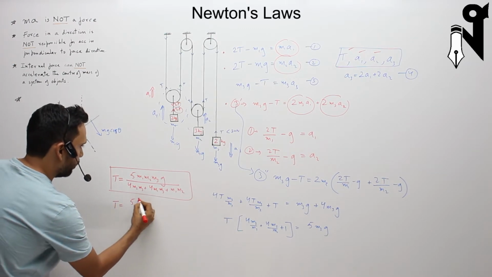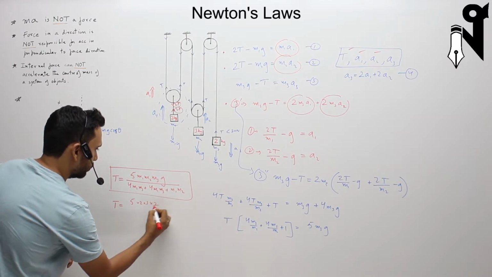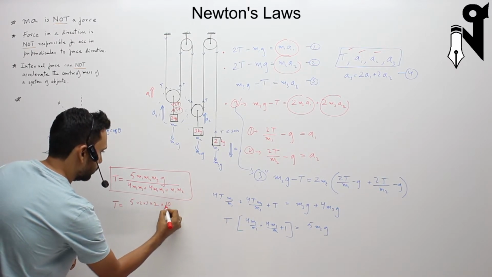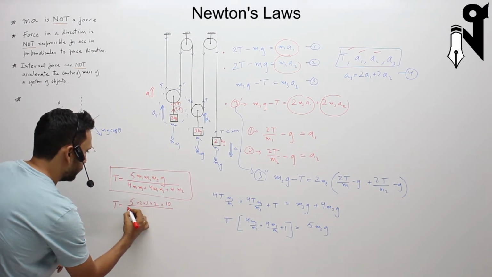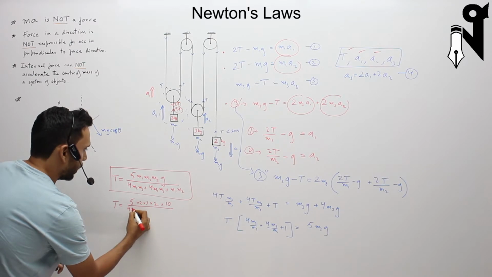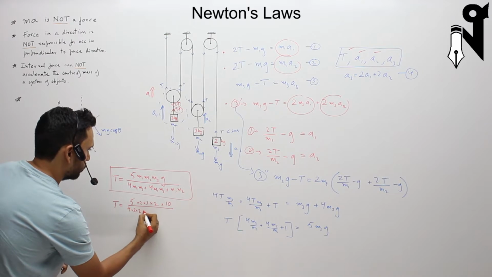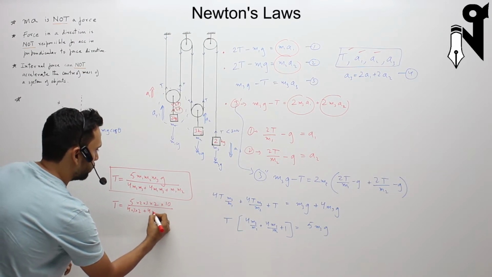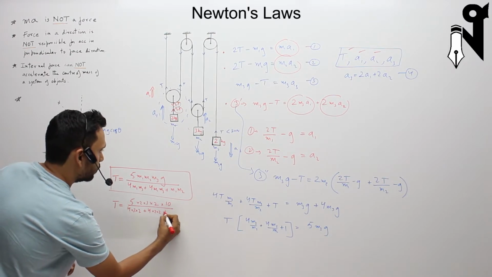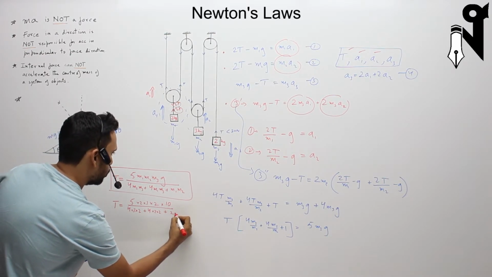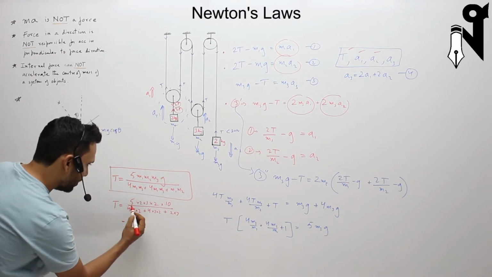T is equal to 5 times 2 into 3 into 2 into, say, g is 10, and at the bottom we have 4 times 2 into 3, plus 4 times m1 m3, which is 2 into 2, plus 2 into 3.